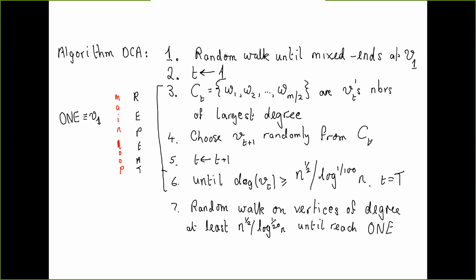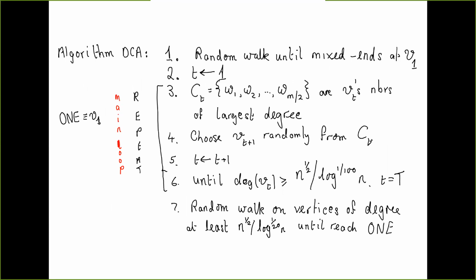Anyway, first of all, you do a random walk. You start anywhere, you know where you start, presumably not at vertex 1. You do a random walk until it's mixed, which only takes order log n steps with high probability. By mixed we mean we're very close to uniform.